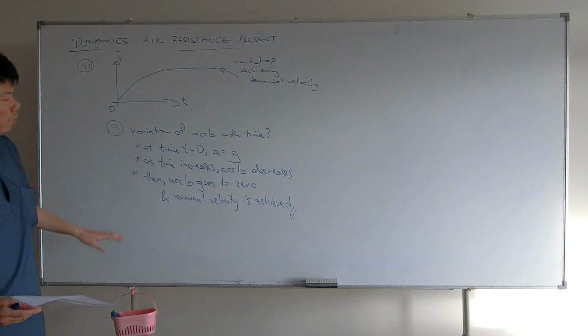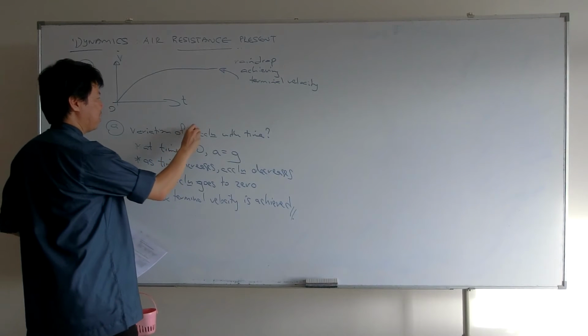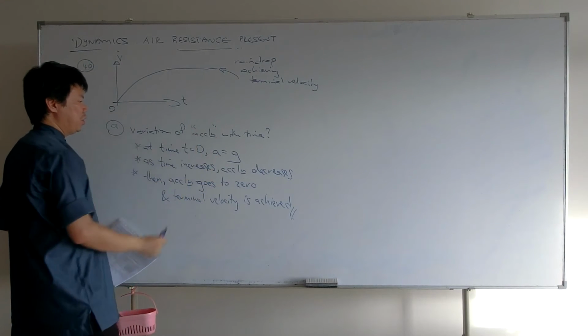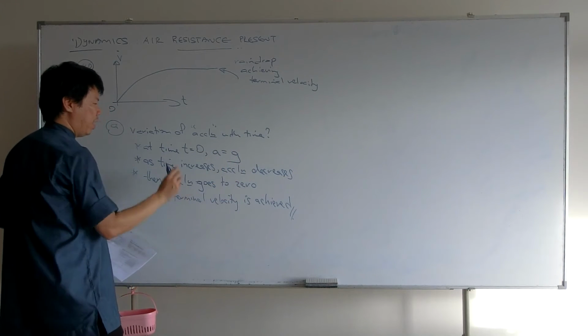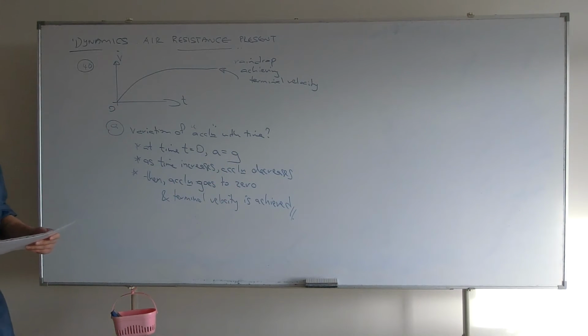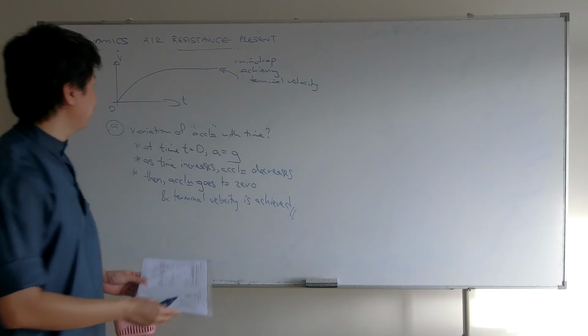Okay, as I mentioned in the previous video, this is what we mentioned, but here they only want us to discuss acceleration. We start with a equal to g, it decreases, then 0, then we end with terminal velocity. So the next question, what do they ask here in B?